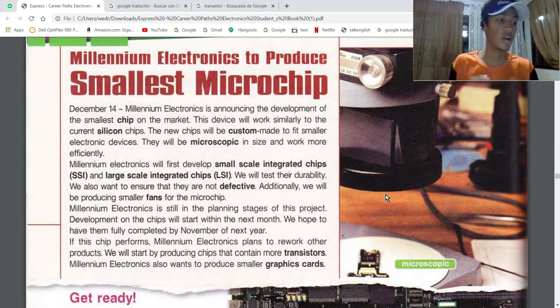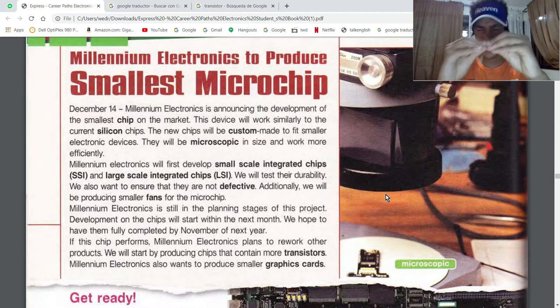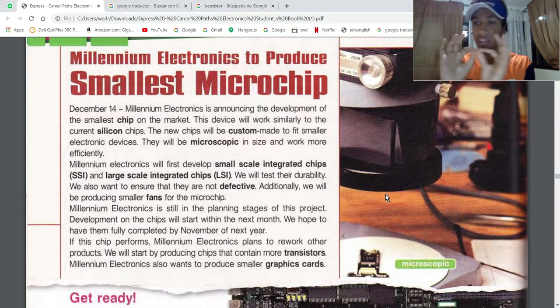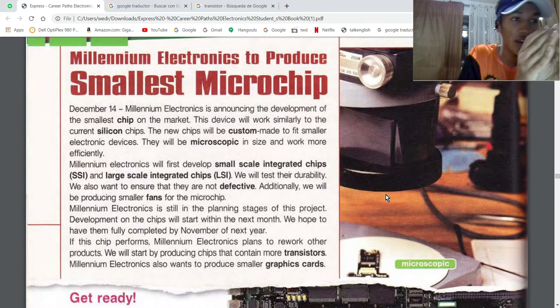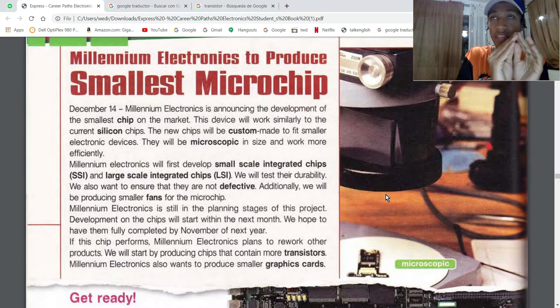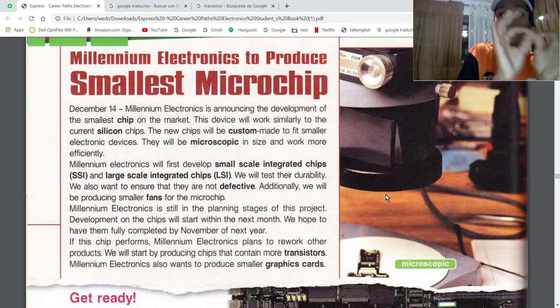For example, I want to print one image of my screen of my computer. So I need to put thousands of millions of 0s and 1s in a specific part of my computer.